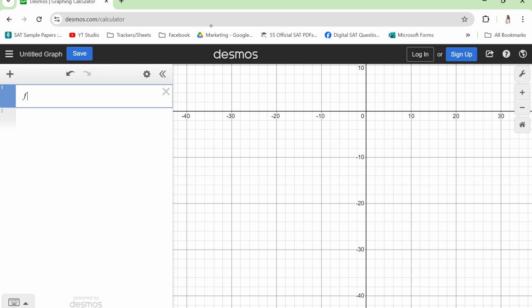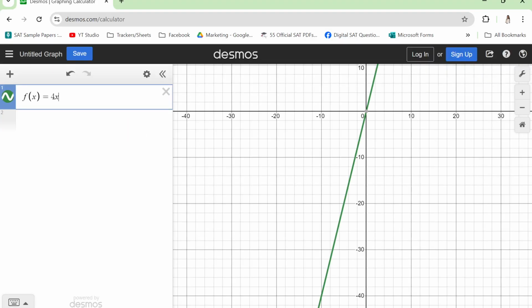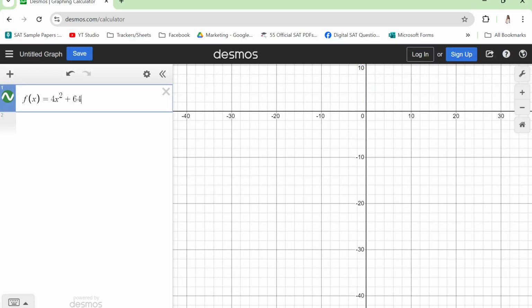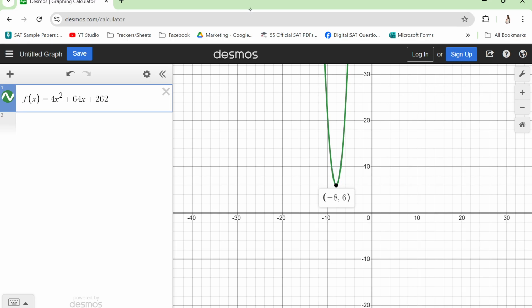So our f of x is equal to 4x squared plus 64x plus 262. See, this is the graph of f of x.